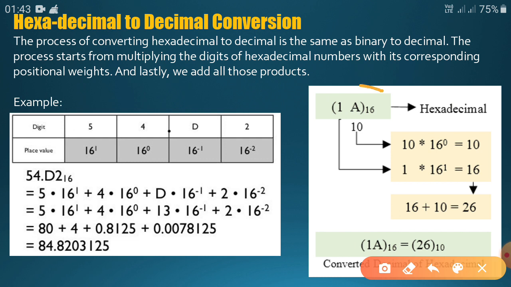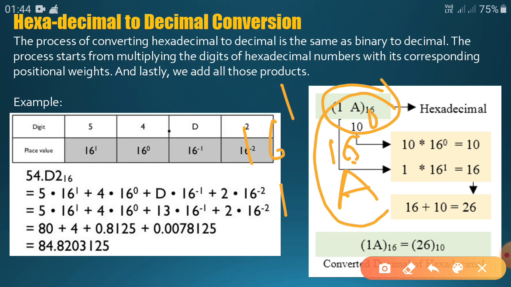So here the number is 1A in hexadecimal. We have to write down the number 1A first, and above it we write the positional values of hexadecimal, that is 16 to the power 0, then 16 to the power 1, and then we multiply the digits with the hexadecimal positional weights.